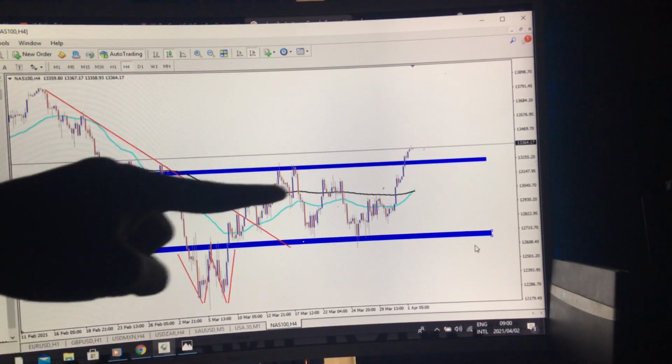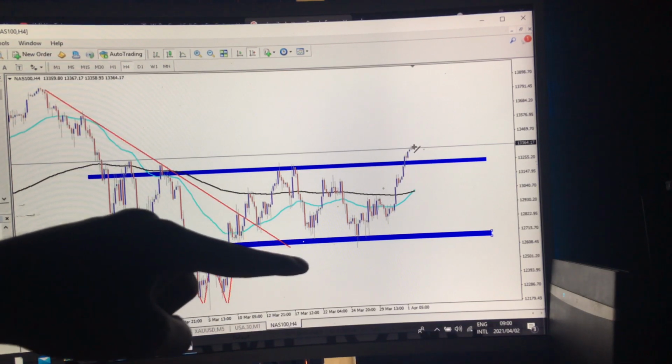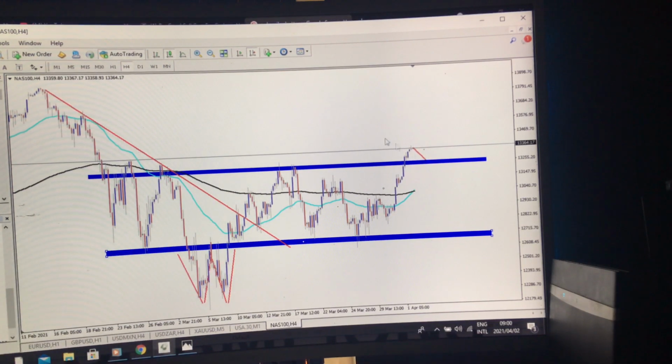So they went up, but then they consolidated a little bit, and now we know that they need to come back and retest this previous resistance, which is now a support, to support it to go way even higher on the upper side. So if they come and retest here, you need to take a buy here.